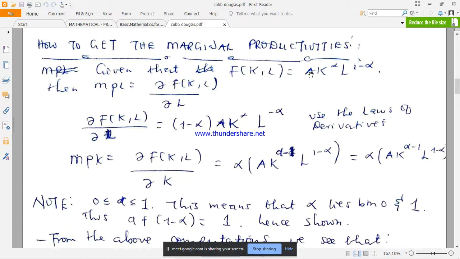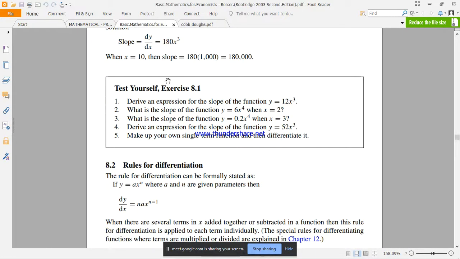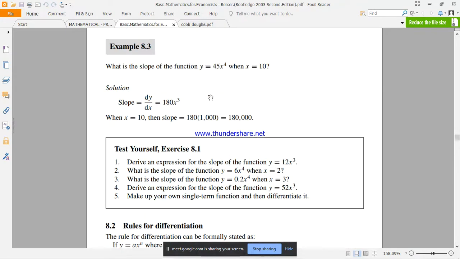So let us understand how to deal with the Cobb-Douglas. Today I just want to do the application. Whatever rule we apply, I'll try to find equations that look at the application. That is how we go about the simple equations.